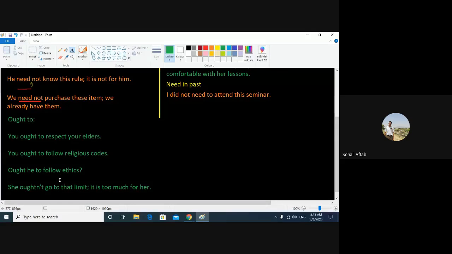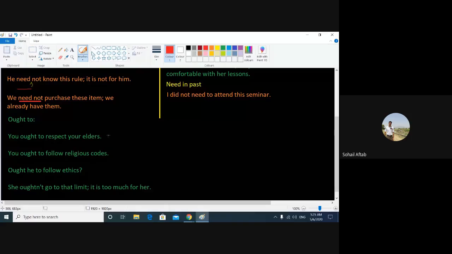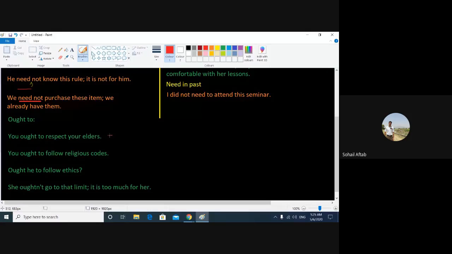So I have shared with you all three structures. When it is positive, let me write it as well for you. When it is completely positive, you ought to respect your elders. This is a very positive or assertive structure.